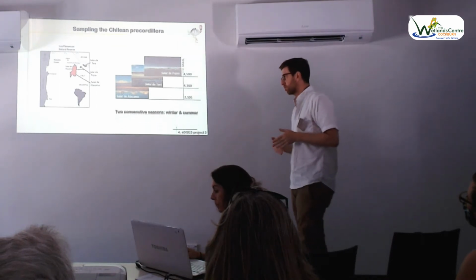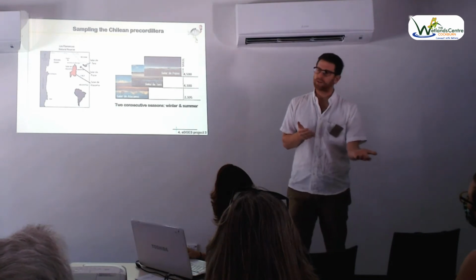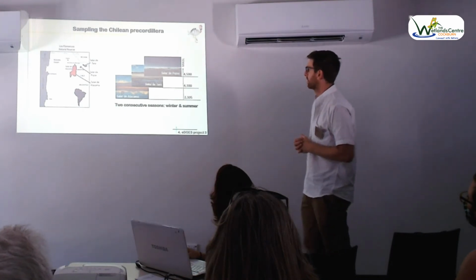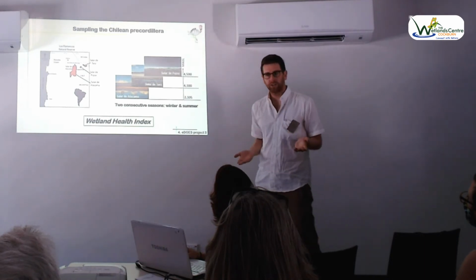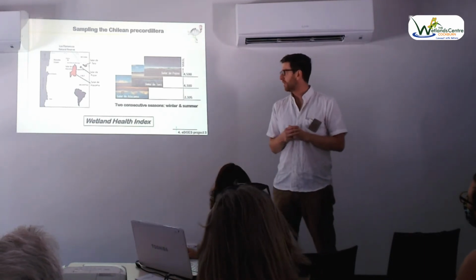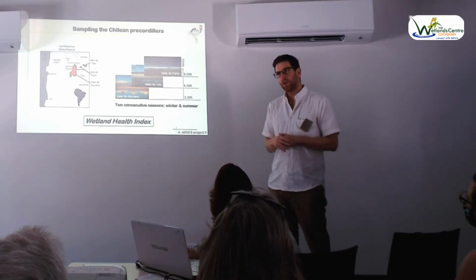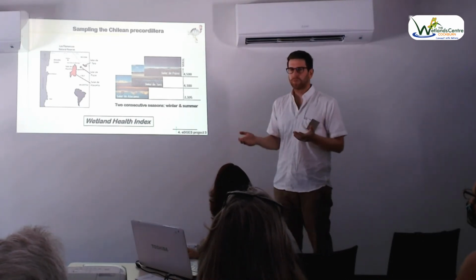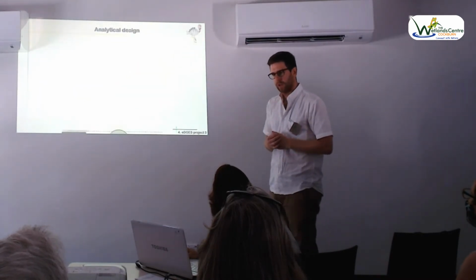But not only that, we'll also be focusing on 2 consecutive seasons, so we will combine spatial analysis with also temporal patterns. The overall goal is to provide conservation analysis with the so-called wetland health index, which is considered more as a protocol by combining different disciplines rather than a raw number on the ecological value of the systems.